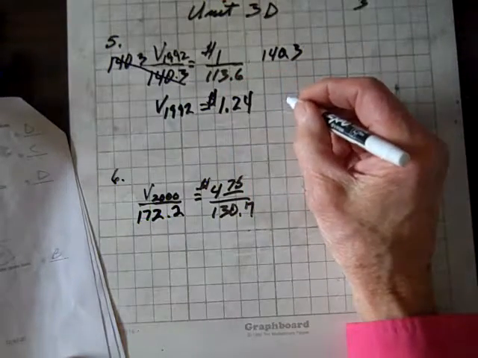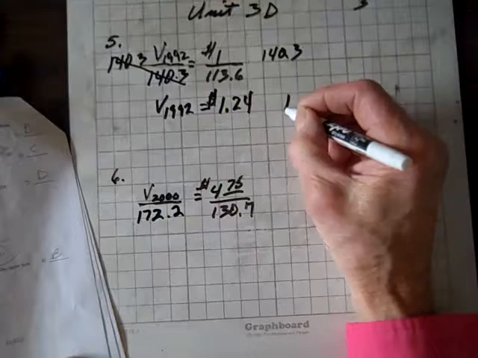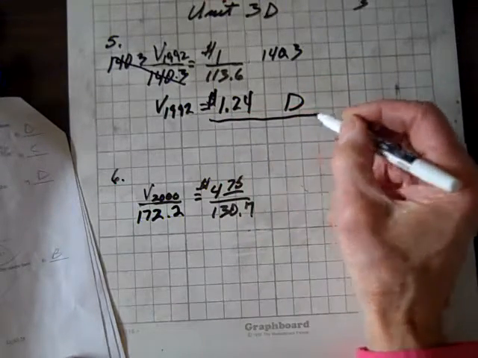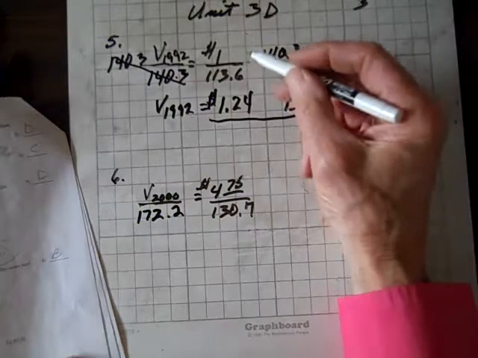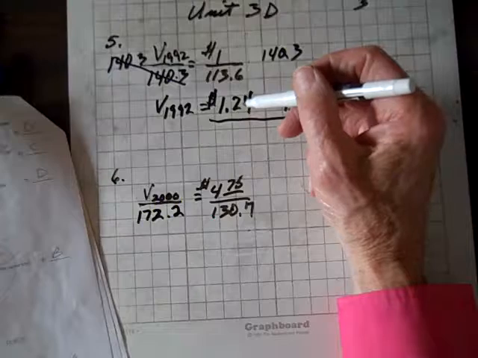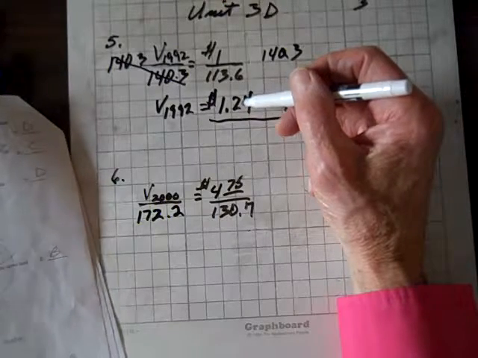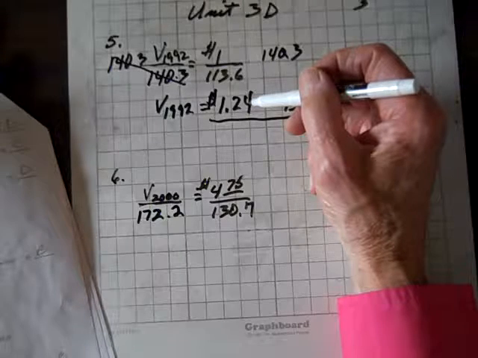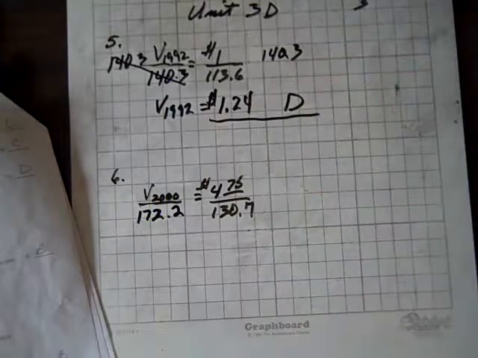And that's selection D. And what that means is $1 in 1987, the corresponding value of the dollar, would buy $1.24 worth of goods in 1992.